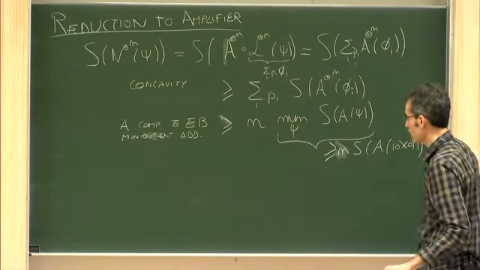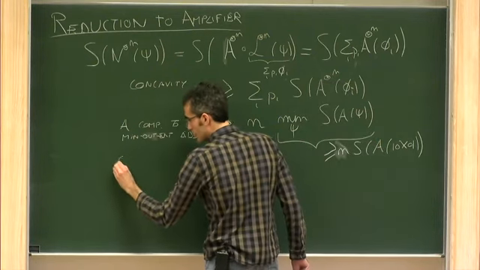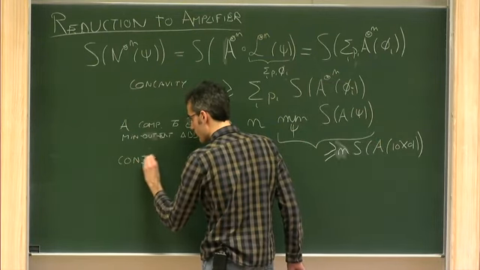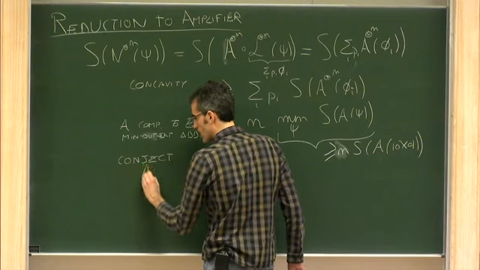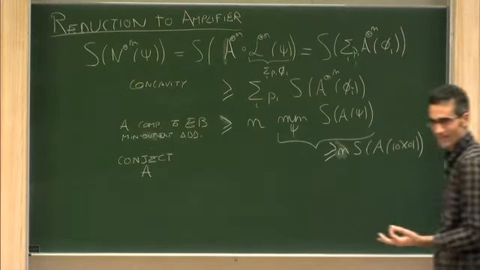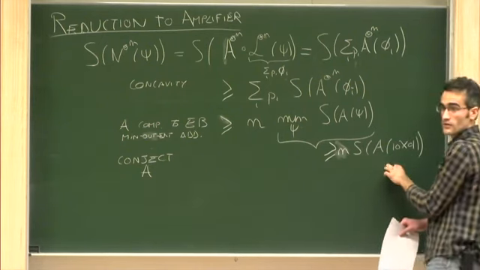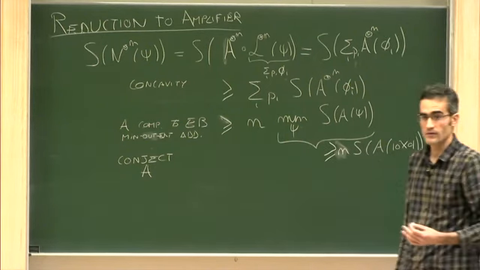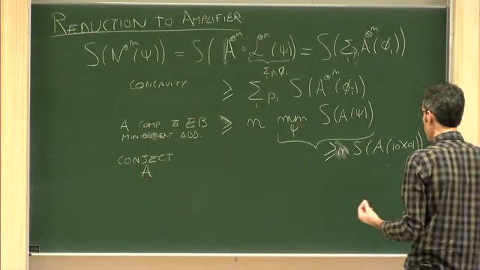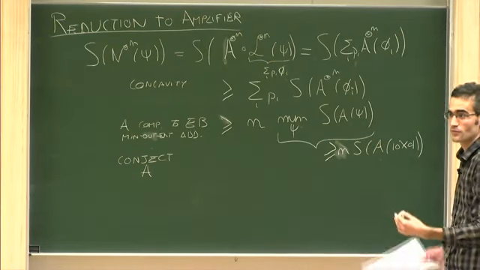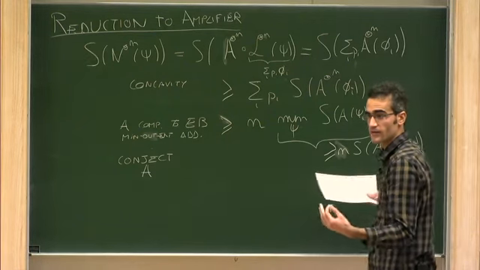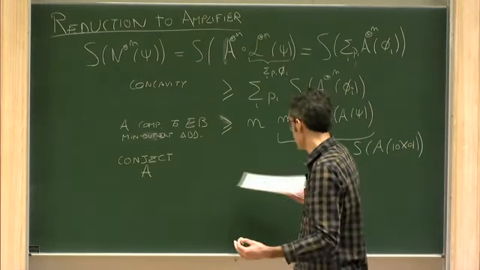So n times this, and for this we need the conjecture for the amplifier. So it's still just a reduction to another problem. This is a lower bound, so it could be that it's not tight. So you still need a further step, to prove that this lower bound is indeed tight if this conjecture is true.